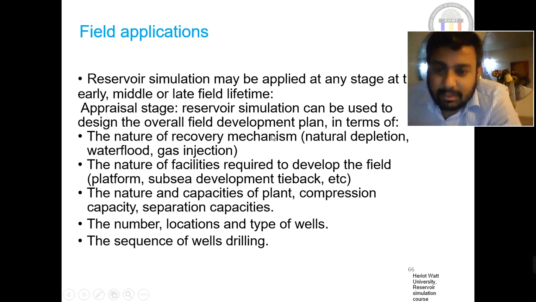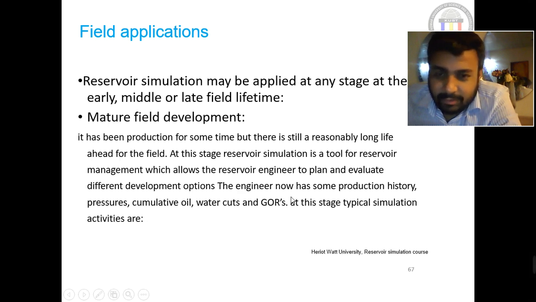Then, once you know how much oil you are going to produce, you can develop the facility, like what size of separator you need, and if you are dealing with offshore, what kind of platform you need to install. In offshore we are more careful because the investment there is larger. Also the number, location, and types of wells, and how many wells you are going to drill, and so on.